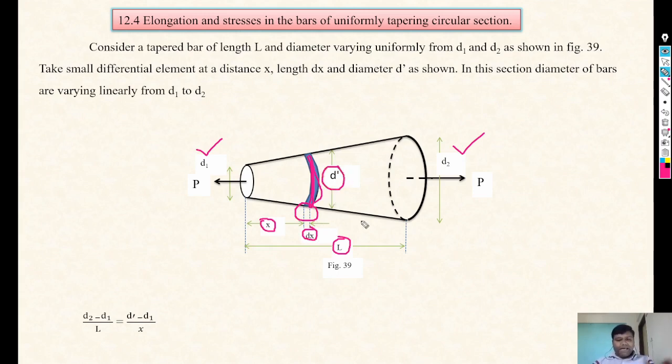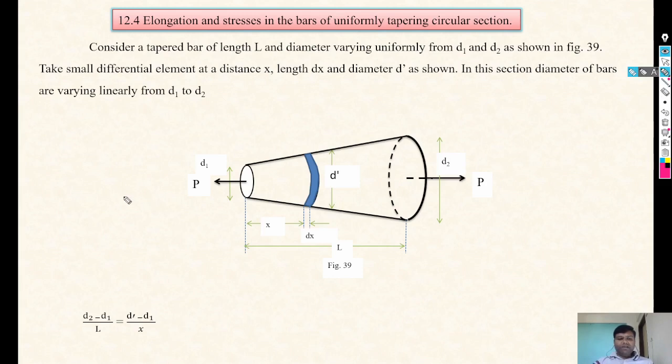These are the dimensions of the small element of the circular tapering section. The diameter of the bar varies linearly from d1 to d2, where d1 is the small diameter and d2 is the large diameter.